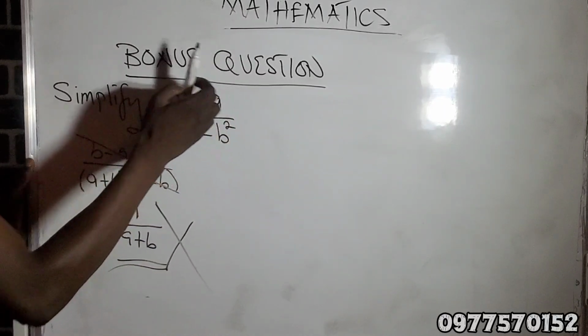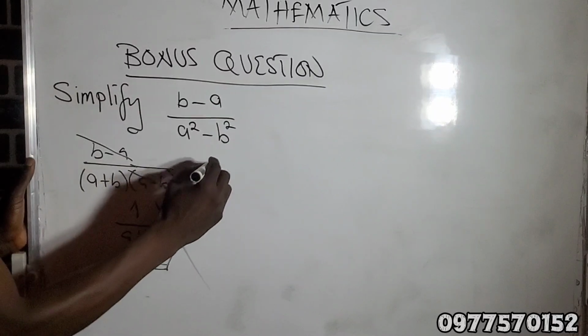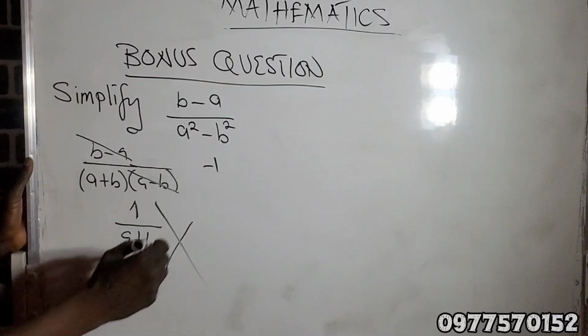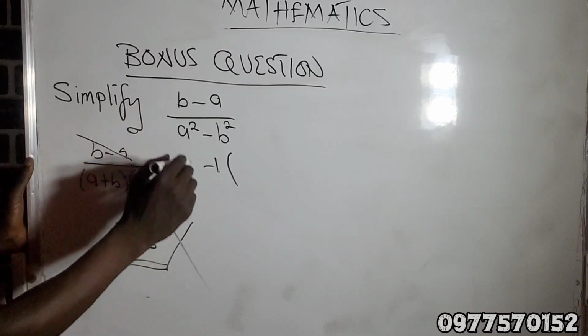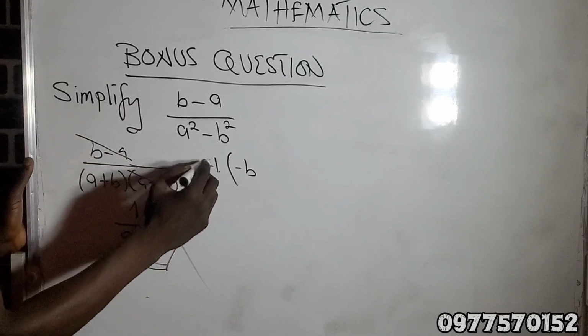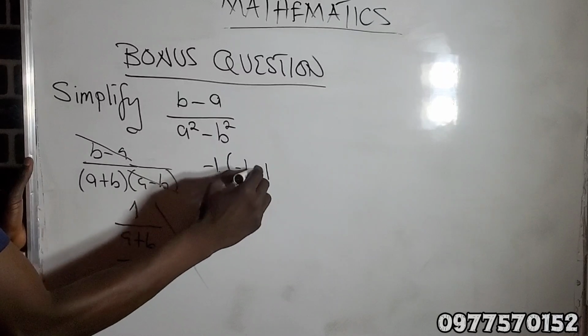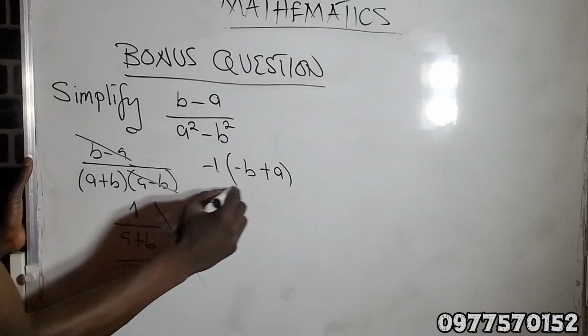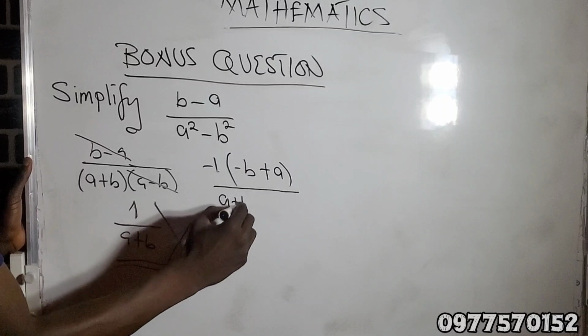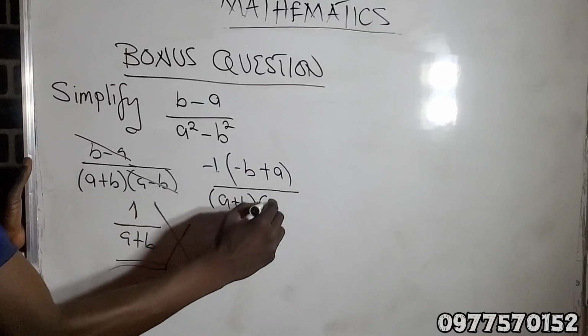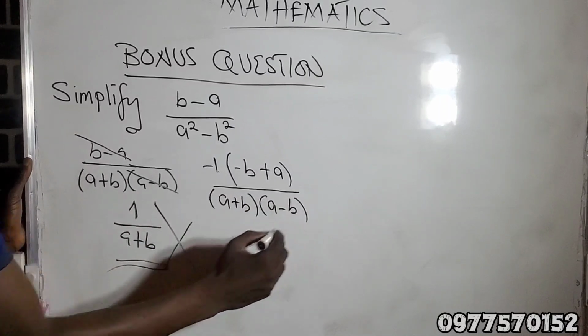On top here, we are going to factorize. The common factor is negative 1. Are we together? Yes. Negative 1. So negative 1 into b is negative, negative 1 into negative a is positive, over difference of two squares, which is a plus b, a minus b.